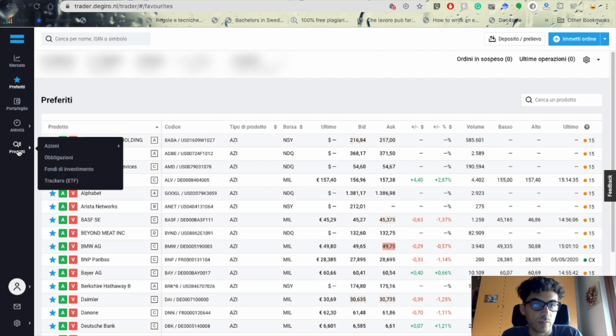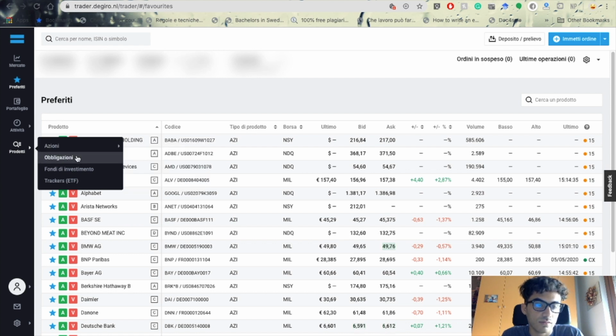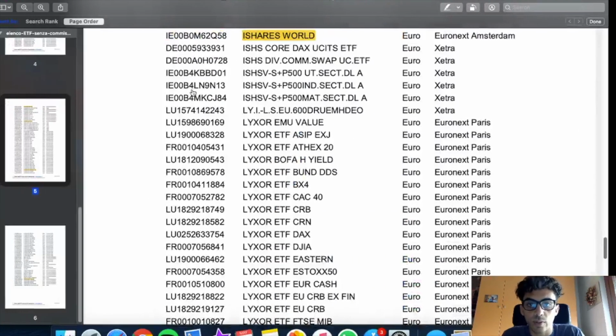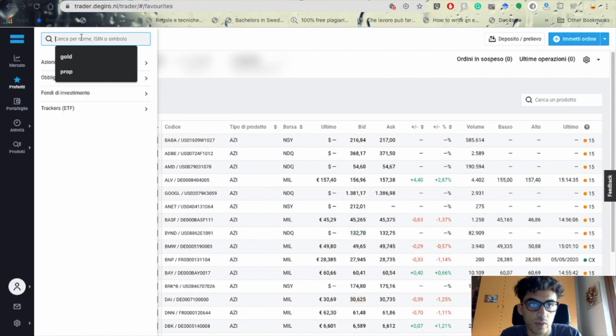Then you can look up shares, bonds, investment funds, and ETFs. So let's look up for example this one. You copy, you paste it in here.